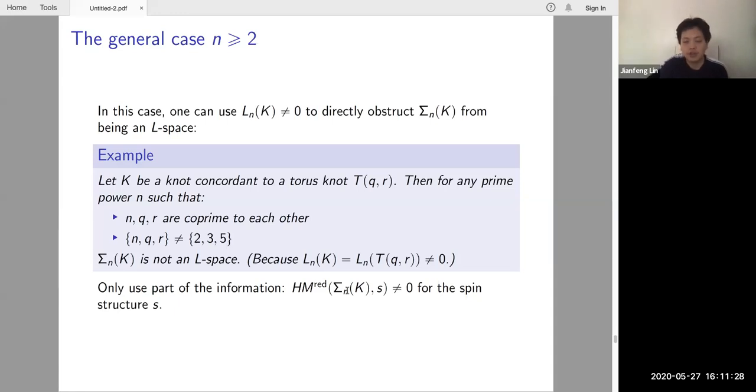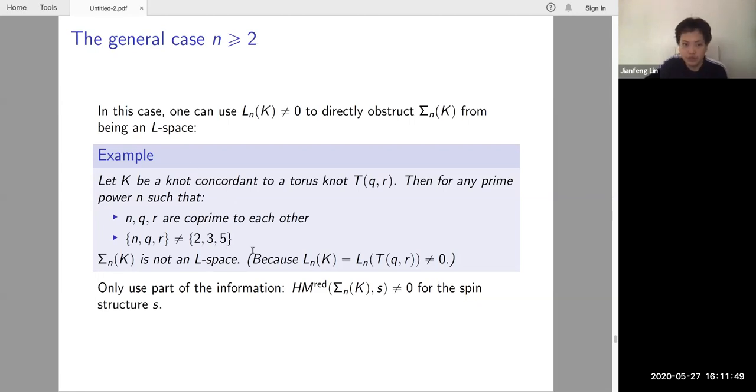This spin^c structure actually comes from some spin structure. And we didn't use any information from those other spin^c structures that are switched by the covering transformation. Okay, and so that's the case.